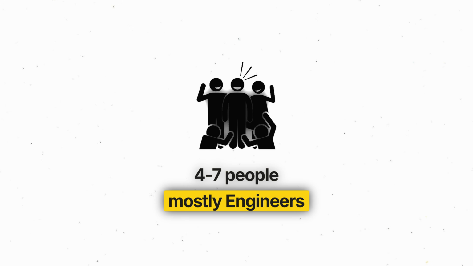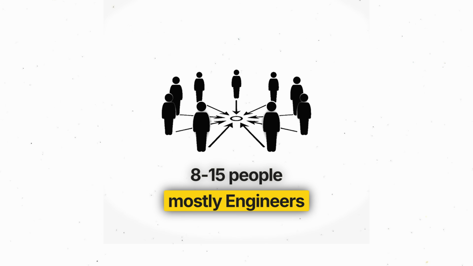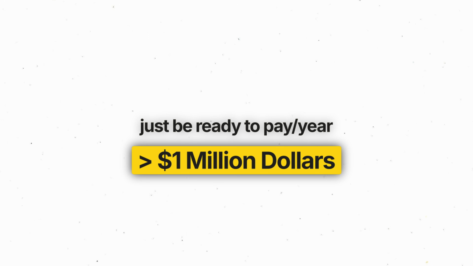Obviously, none of this happens without people. You still need engineers to build it, manage it, and keep it running. For the smallest model, you might get away with a small team of 4 to 7 people, mostly ML engineers and data engineers, and payroll could be around $500,000 a year. Once you move up to 70 billion, the team also gets bigger. Now you're looking at around 8 to 15 people, and payroll can already go above $1 million a year.